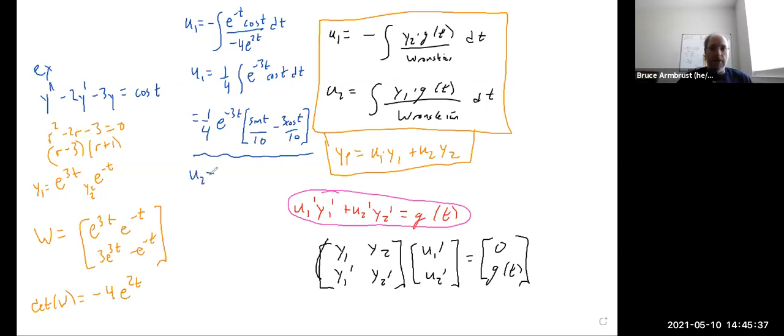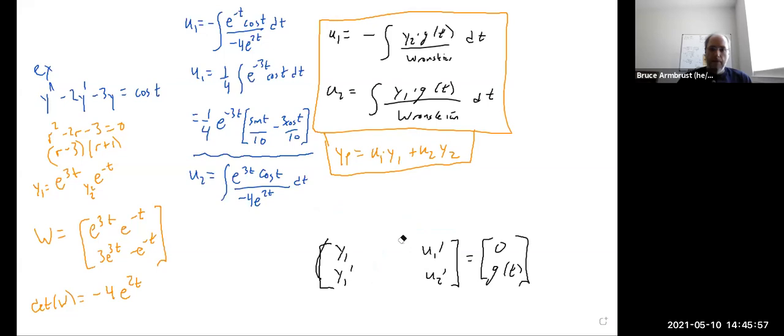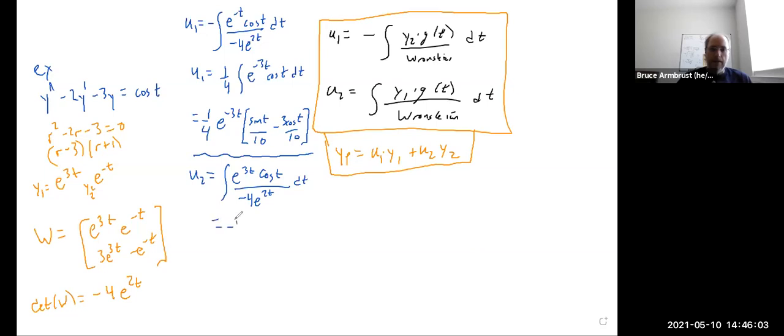Okay, so u2, similar. We're going to integrate y1, which is e to the 3t, times g, times cosine, divided by the Wronskian, minus 4 e to the 2t. So if we simplify that just a very little bit, this is minus 1/4 integral of e to the t cosine of t.